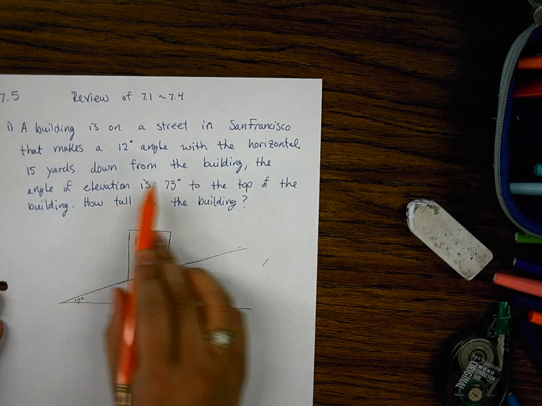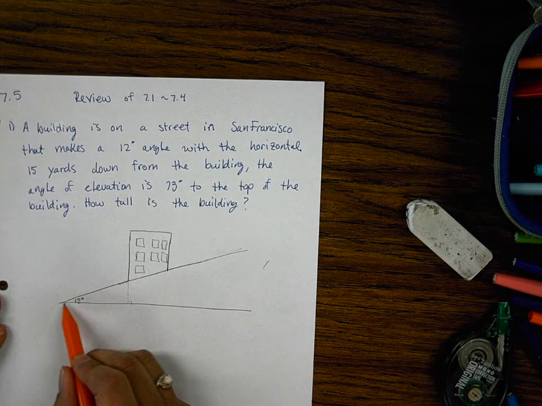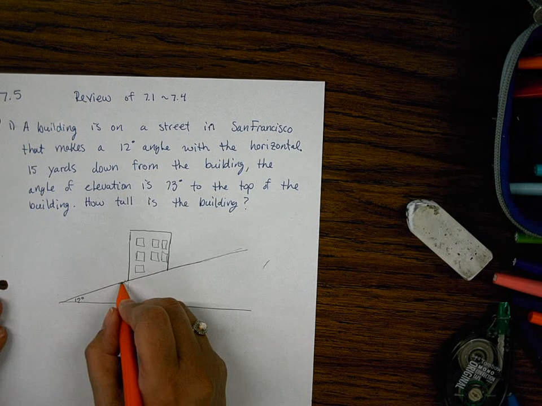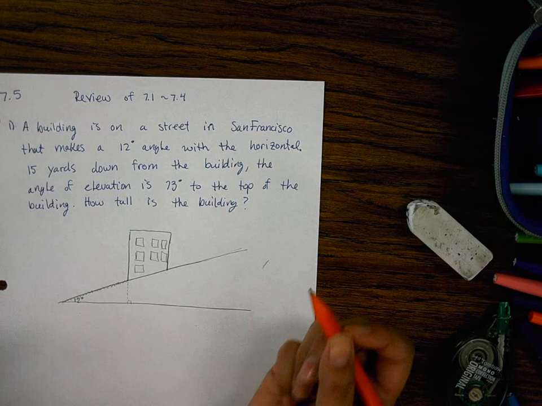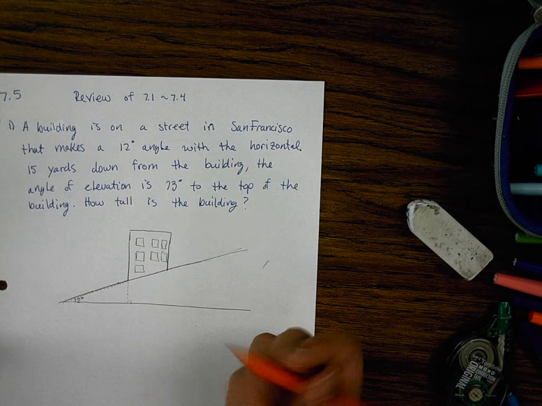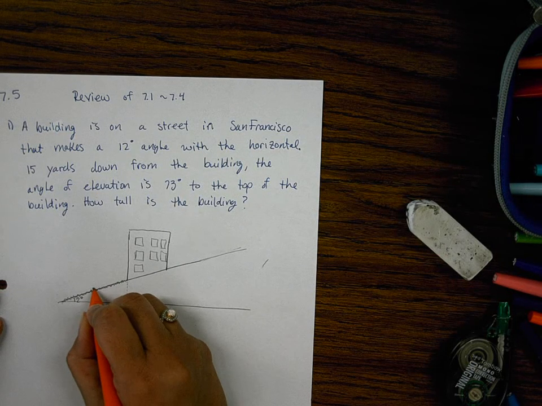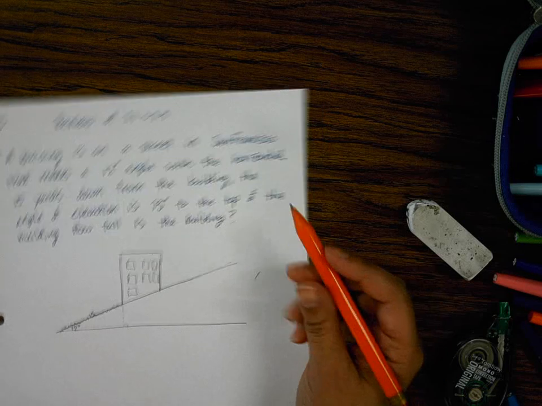Now you're at the base of the building and you go 15 yards down. That doesn't mean you have to go all the way down to the tip, but we'll just go all the way to the bottom. This squiggly line here is the 15 yards.